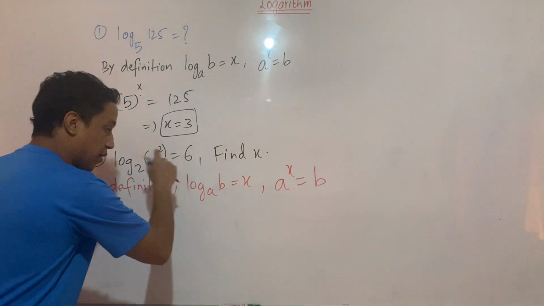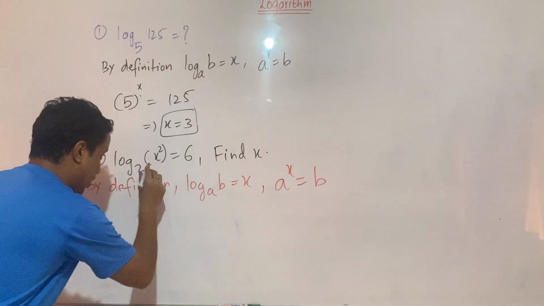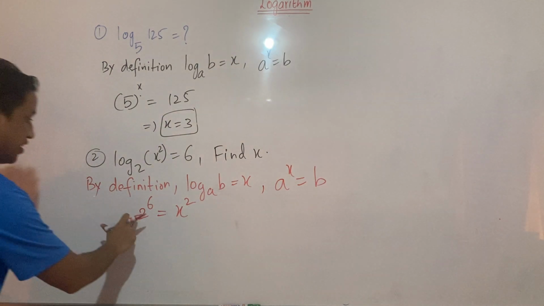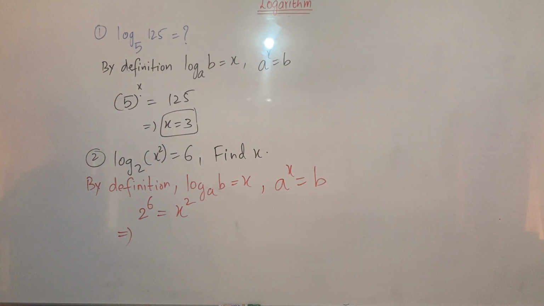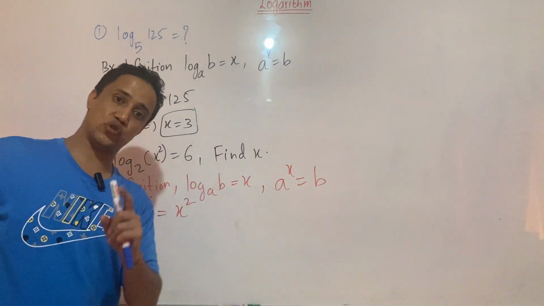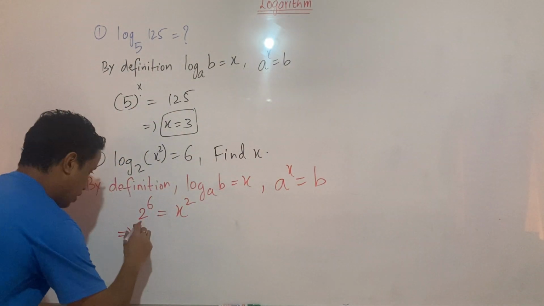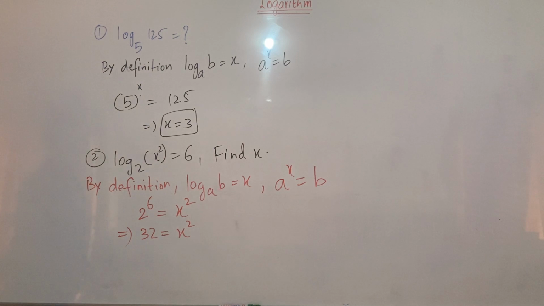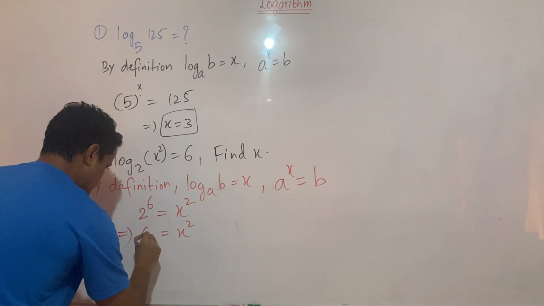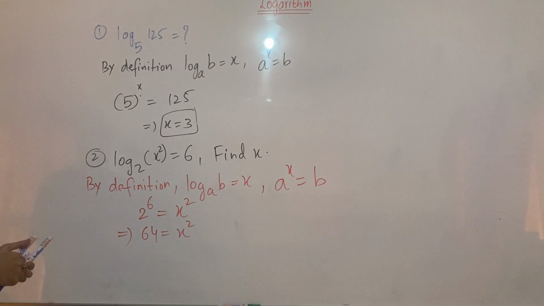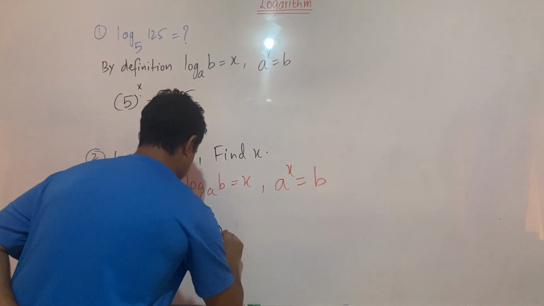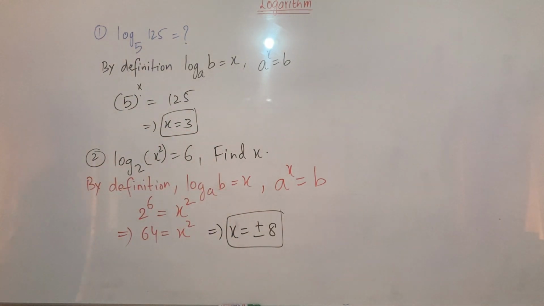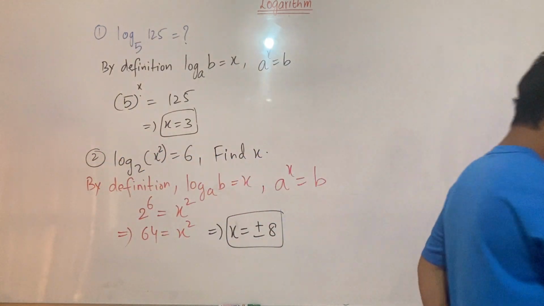But here the power is given. So 2 raised to the exponent 6 equals x squared, and this is 2 times 2 times 2 times 2 times 2 times 2. It is 32... no, not 32, I think 64. So if x squared is 64, it means x equals plus or minus 8. I hope this is clear to you.